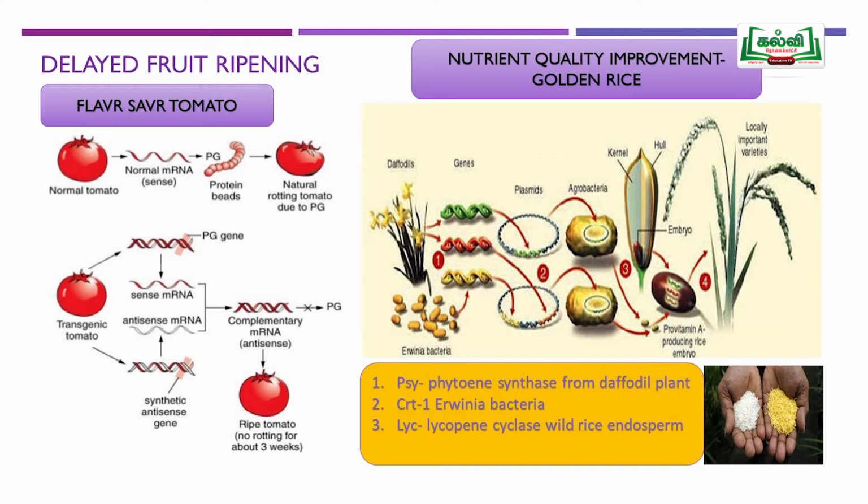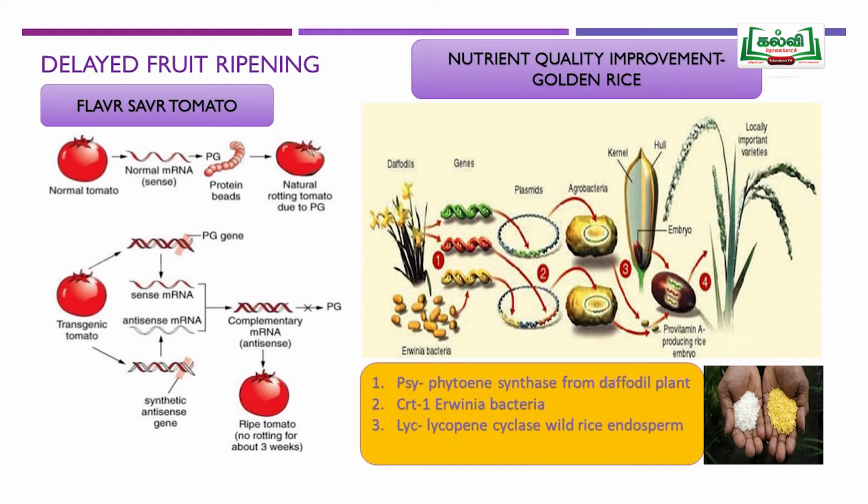The next important topic we will discuss is nutrient quality. How to improve the nutrient quality? One example we have taken is golden rice. In golden rice, the nutrient quality has been improved by introducing a very important gene which will express beta carotene.